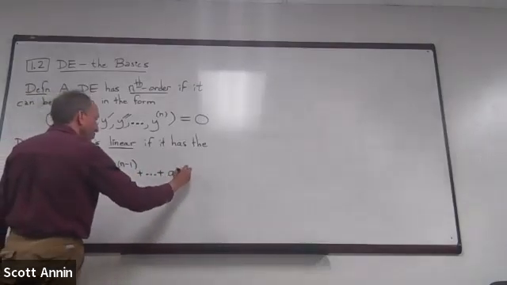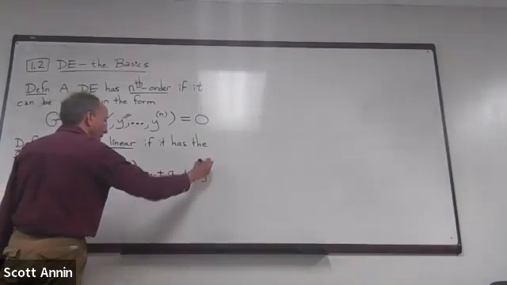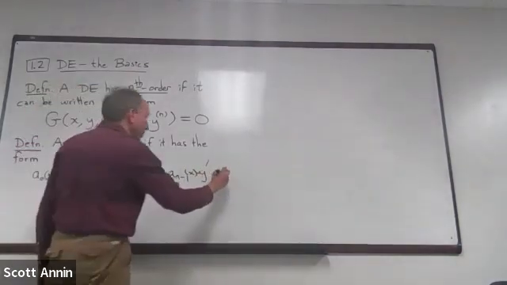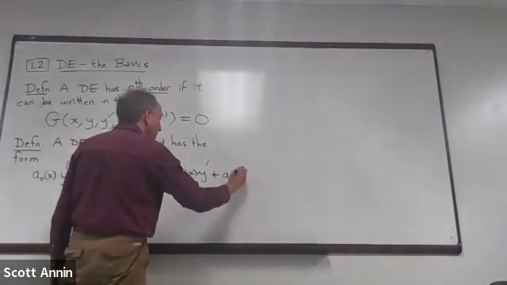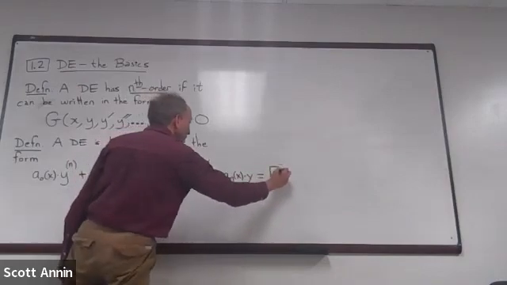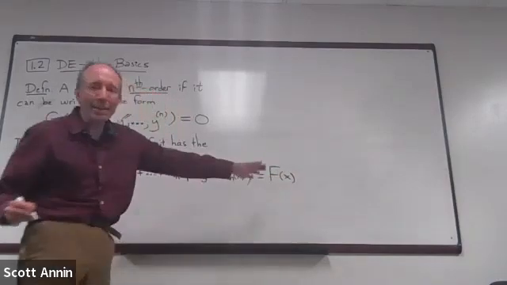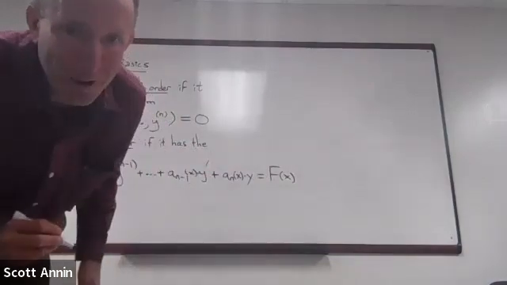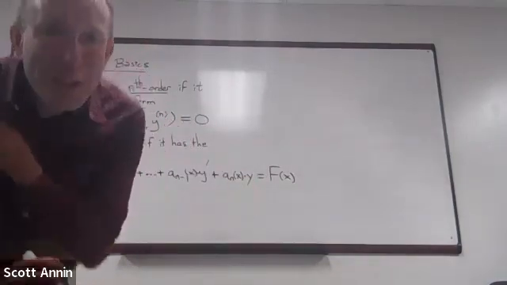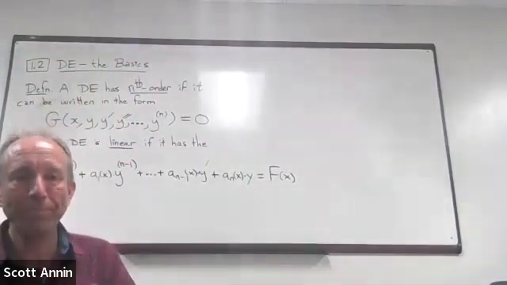A n minus 1 of x times y prime. And then we have a n of x times y. And then on the right-hand side of the equal sign, we can either subtract this f of x to the left side if we want and get a 0 like we did before, or we can just leave this function of x on the right side.